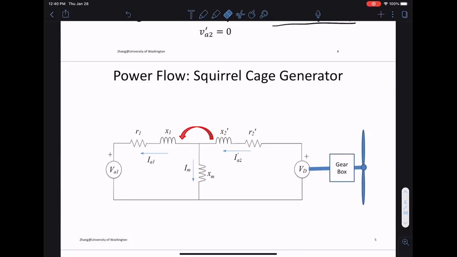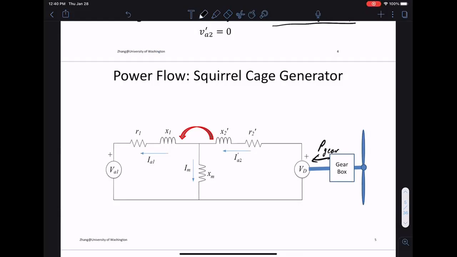Okay, so the first power we have, since we're coming out of the gearbox, is called P gear. P gear is the mechanical power you get from the gearbox. There is some loss, right? When you get the power from the gearbox, there are some conversion efficiencies.